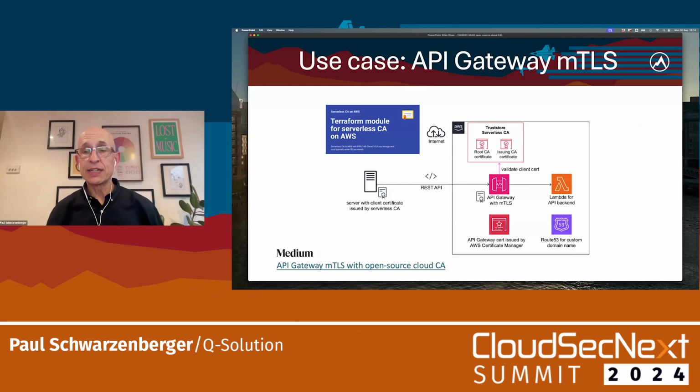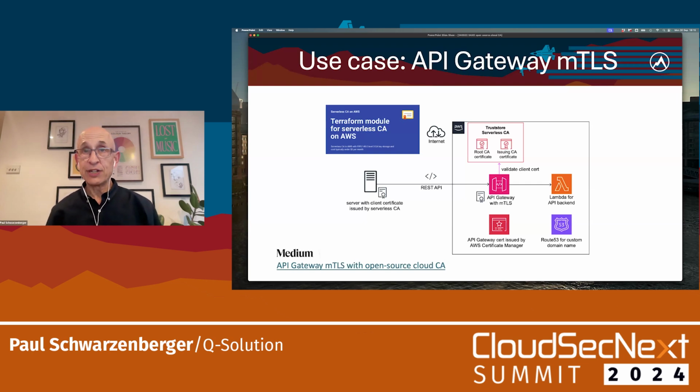Now, I mentioned that I was going to go into more detail and demonstrate API Gateway mTLS with the open source cloud CA. So we have an API Gateway. In this case, we're creating a response using a backend Lambda function, but it could equally well be a Kubernetes cluster or ECS cluster or EC2 or whatever.